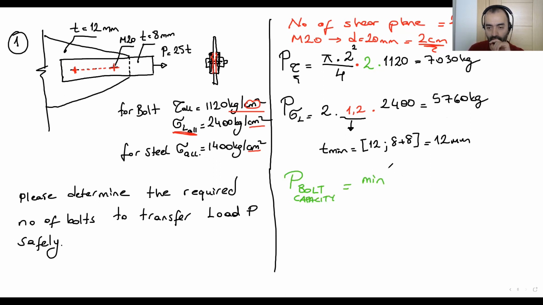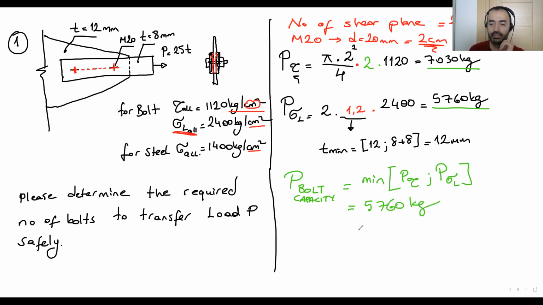The minimum of P tau and P sigma L. So we have two numbers. Which one is the capacity? That's the minimum one. It is this.